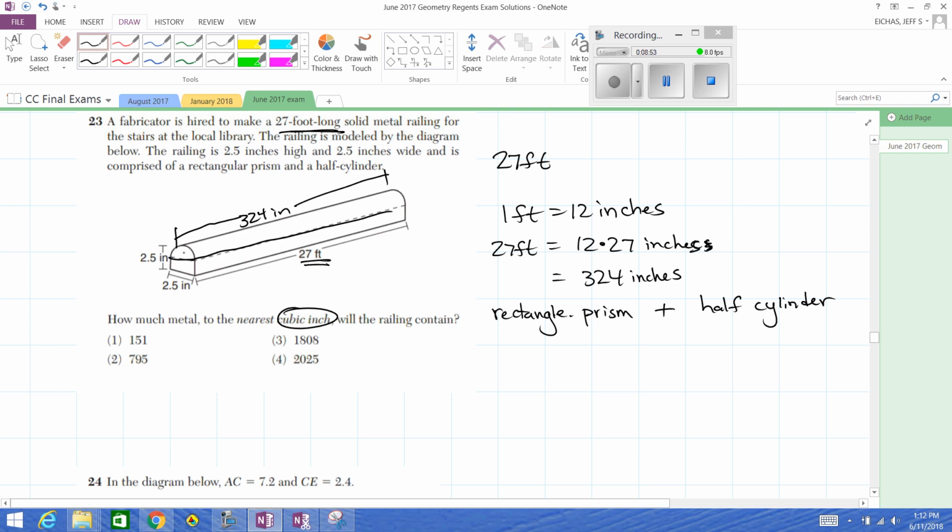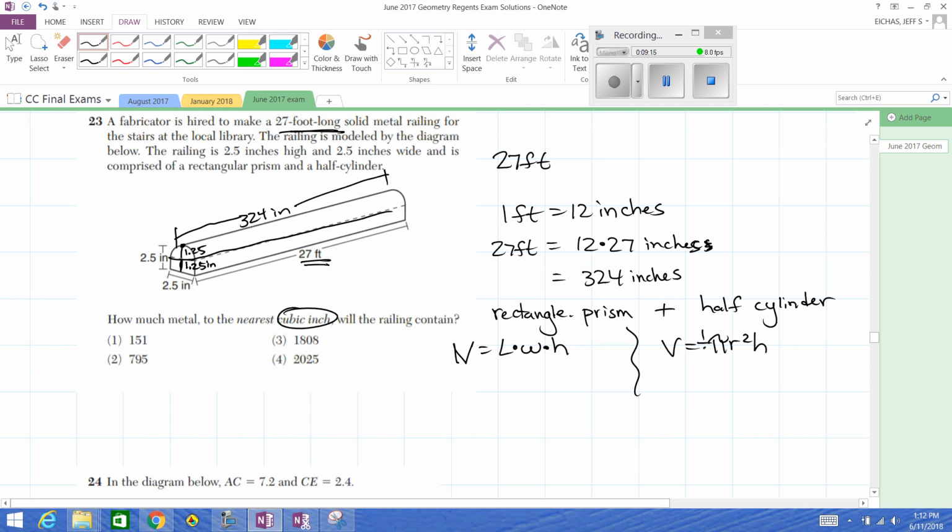Okay, so that means this is 1.25 inches high. So that radius will be 1.25. All right, so the volume is length times width times height. This volume's pi r squared h, half.